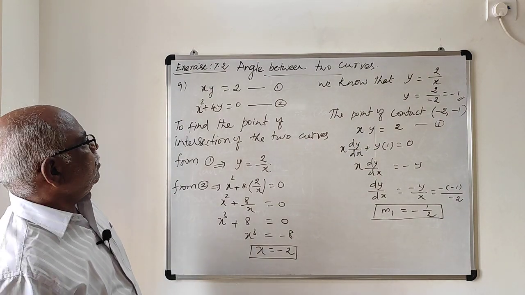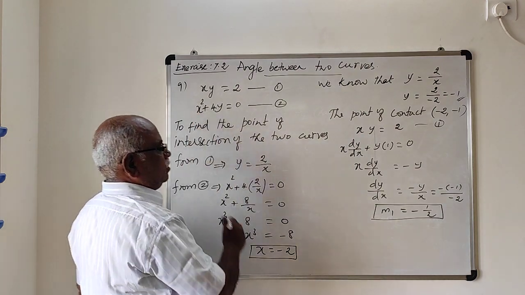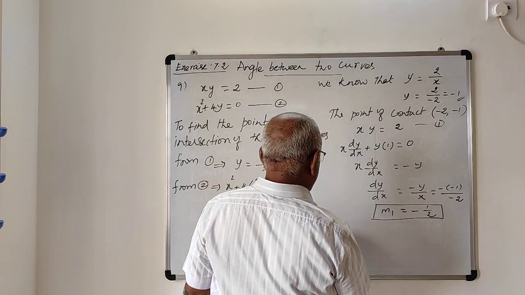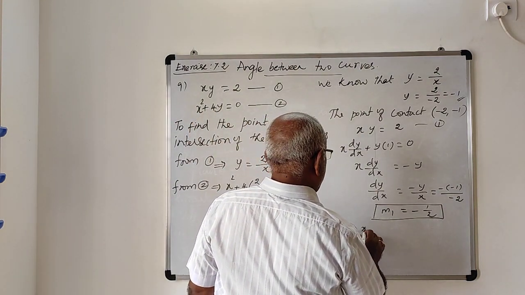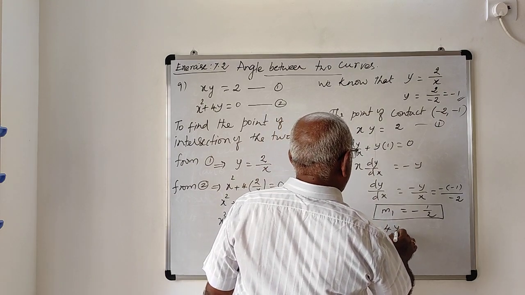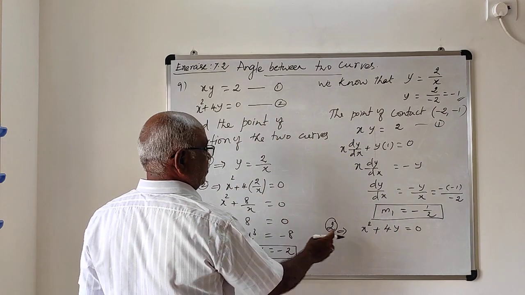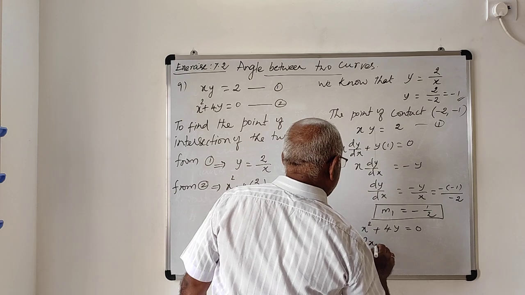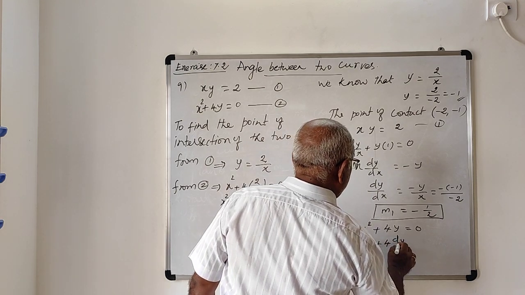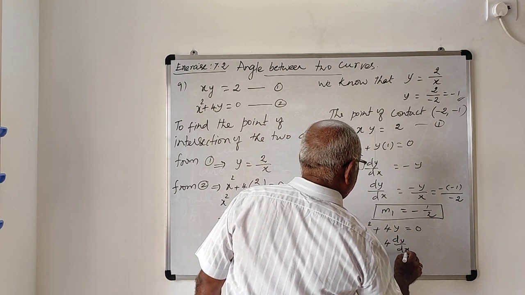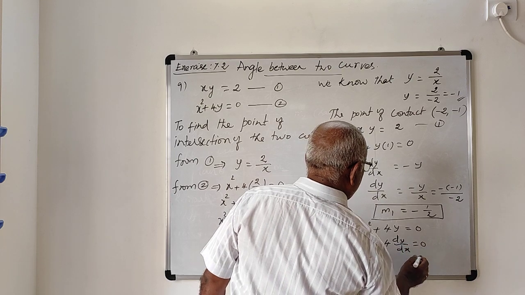Similarly, you have to find out the slope of the tangent for the second curve. So from curve 2, x square plus 4y equal to 0. Differentiating, x square gives 2x, plus 4 into the derivative of y, dy by dx, equal to 0.